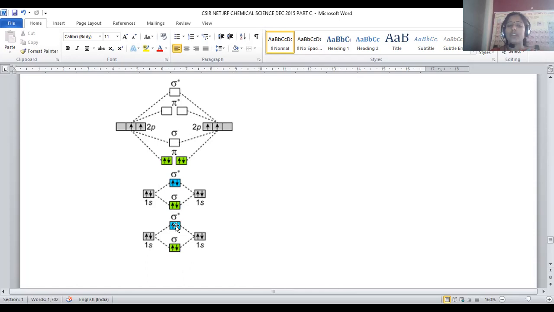That means one bonding and one anti-bonding orbital will originate, and they are filled with 4 electrons. First electrons enter into the bonding, and subsequently the anti-bonding orbital gets filled, followed by the 2s orbital. 2s2 electrons will be there. Total 4 electrons will be contributed: in sigma 2s bonding 2 electrons, in sigma star 2s anti-bonding 2 electrons.